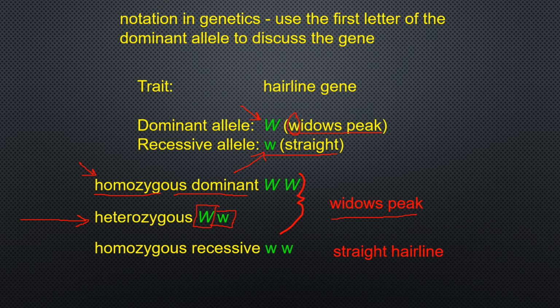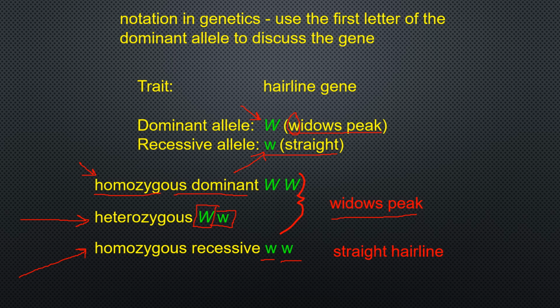Okay, then our homozygous recessive. What if we got straight hairlines from both mom and dad? Well, homozygous, meaning two of the same allele, in this case both recessive alleles, we still indicate that by the lowercase w because that is the recessive version of the widow's peak gene.